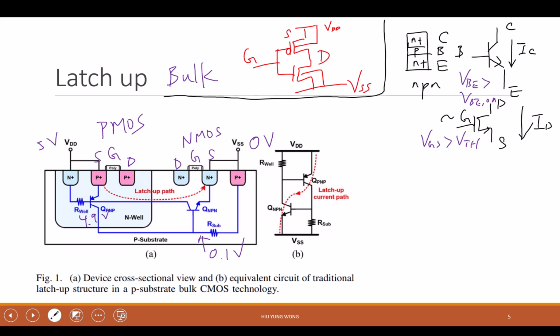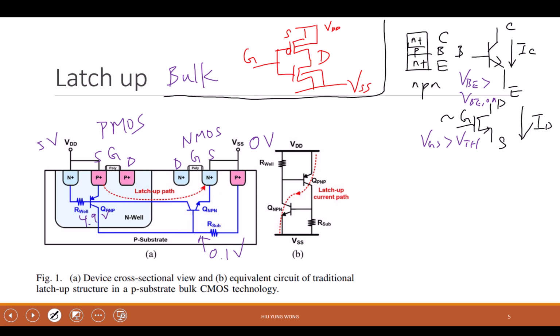So all you need to know is that if I have VBE larger than a certain voltage, then I'm going to have a lot of current going from collector to emitter. So from this point of view, let me go to this NPN. You have N, P, N. This is the base, right?